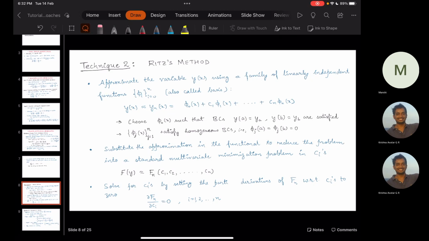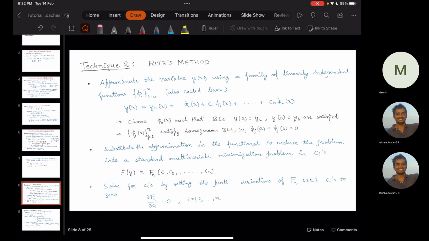After putting that in and integrating over the domain, we are left with a standard multivariate minimization problem, wherein we need to determine the ci's, or the coefficients of the approximation for y of x.